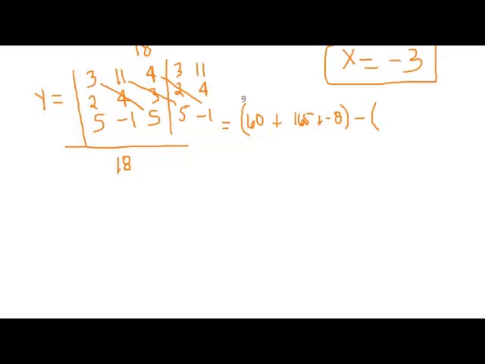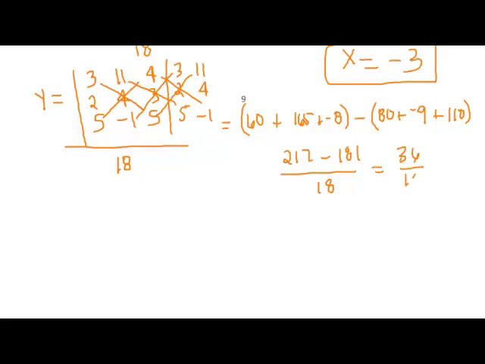And we're going to subtract the opposite diagonal, so 4 times 4 times 5 is 80. Plus 3 times 3 times negative 1 is negative 9. 11 times 2 times 5 is 110. Simplify that, we get 217 minus 181, again all over 18, and that equals 36 over 18. So y equals 2.